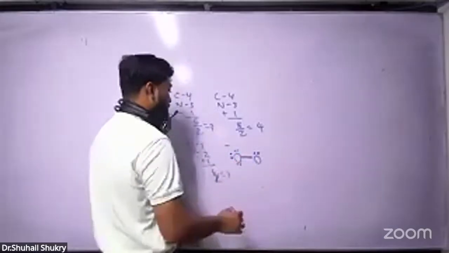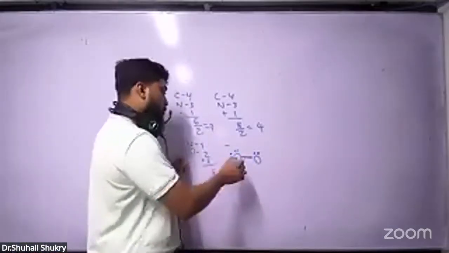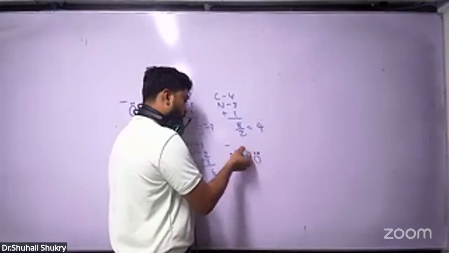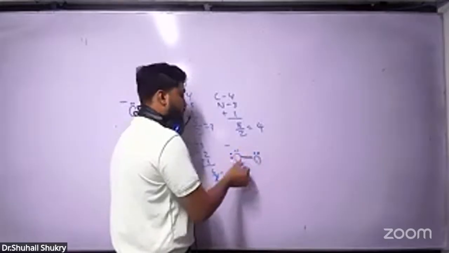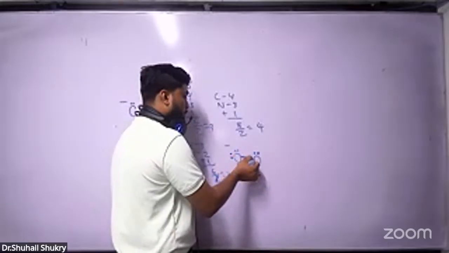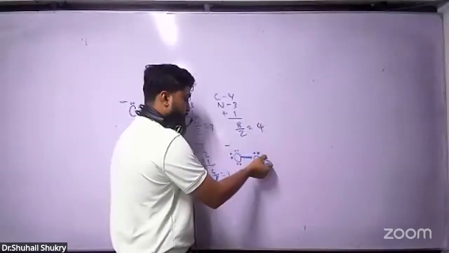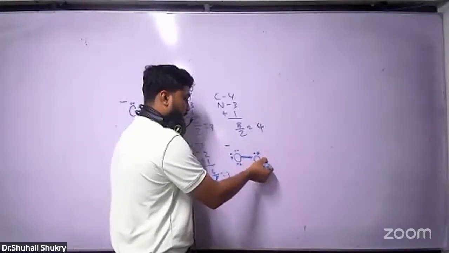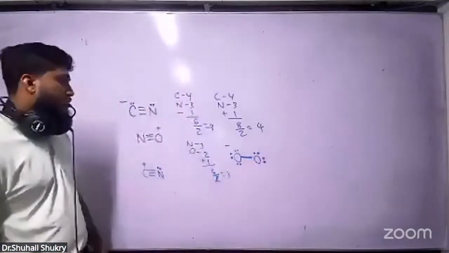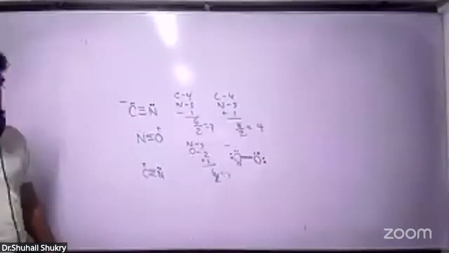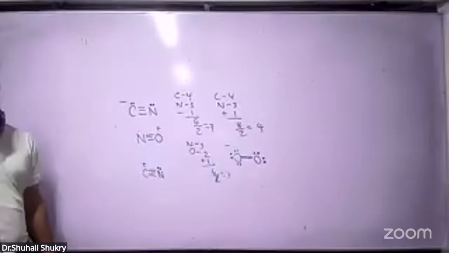These things you can't draw with the double bond. If you put a double bond, what will happen? The number of electrons around oxygen will increase. You can't increase the number of electrons, however. These are some exceptional cases you get.